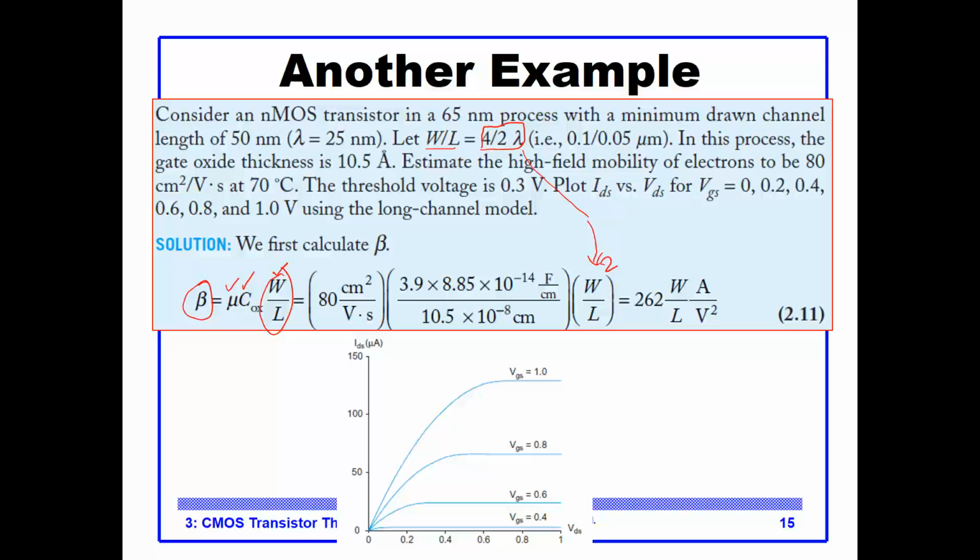And COX here is the expression. It is 3.9 times the relative permittivity of vacuum. So that gives me epsilon, 3.9 times the relative permittivity of vacuum, and then this thickness here.